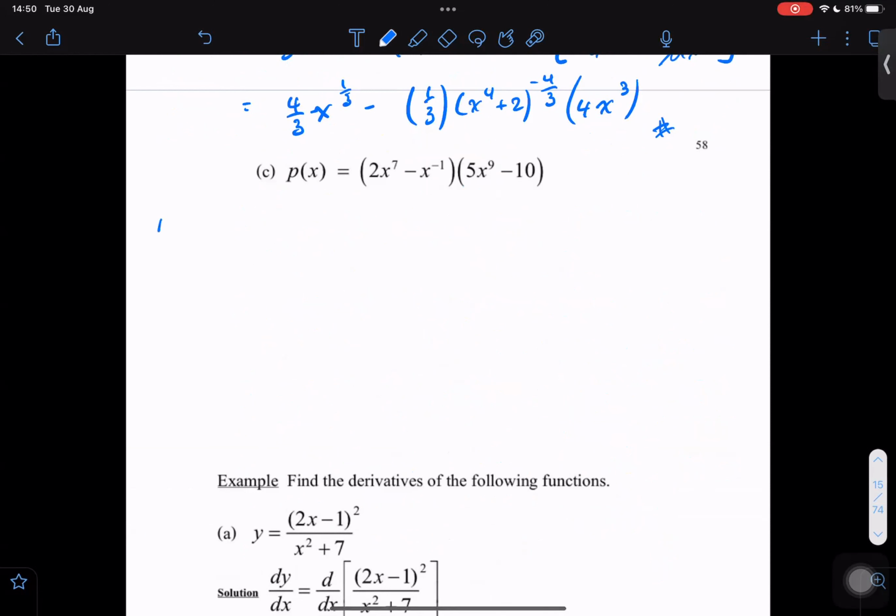So we want P prime of x equal to d of (2x to the 7 minus x) and (5x to the 9 minus 10) dx, right?